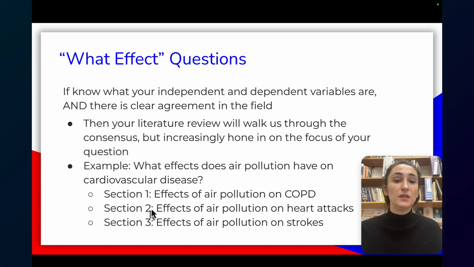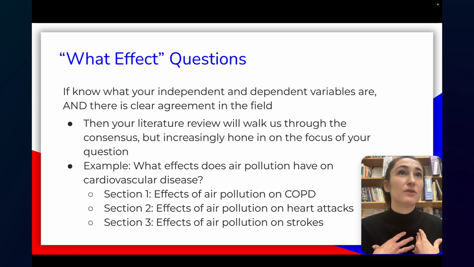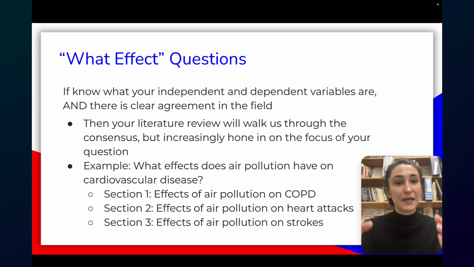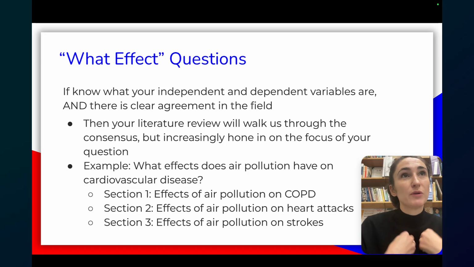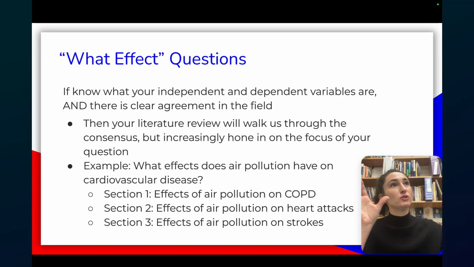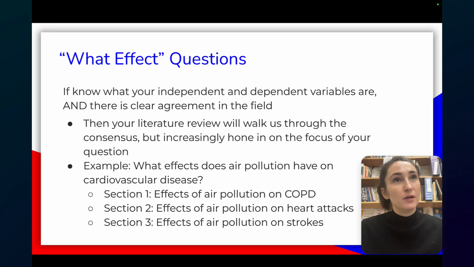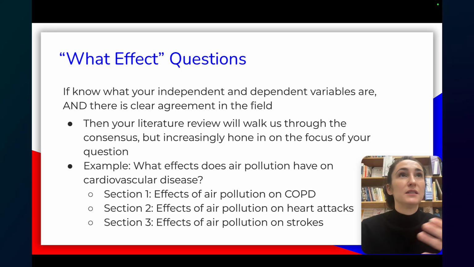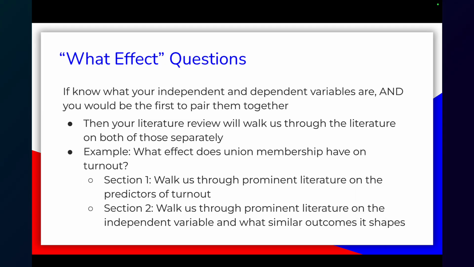And then section 3 is effects of air pollution on strokes, right? So maybe I'm specifically interested in strokes. So I'm narrowing it down to the focus of my question, right? And I want to focus on strokes, but I'm showing that there is broad consensus in the scholarship that it has negative effects on these other health outcomes.